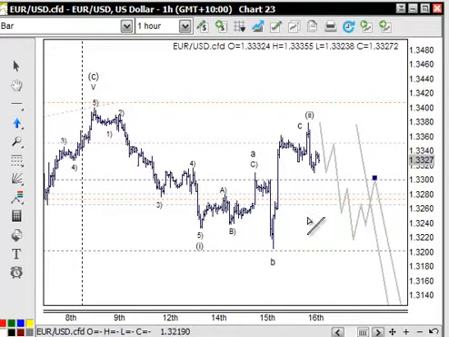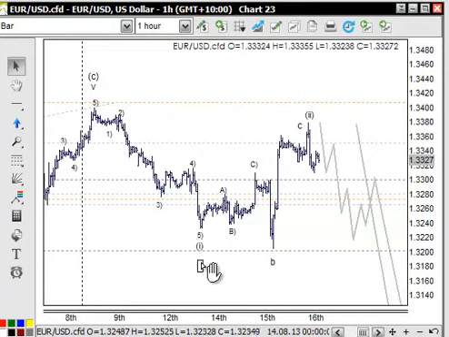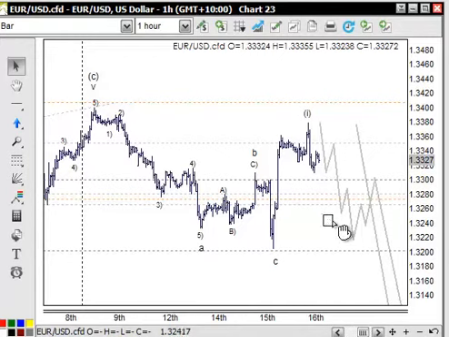On the flip side of things, I just want to be mindful of both sides, because here we could have, forget this wave 1 here for a moment. This move down through here in 5 waves could be wave A, this can be wave B here, and this can be wave C here, this could be wave 1 here, and this can be wave 2 here. But wave 2 here would have 3 waves down.